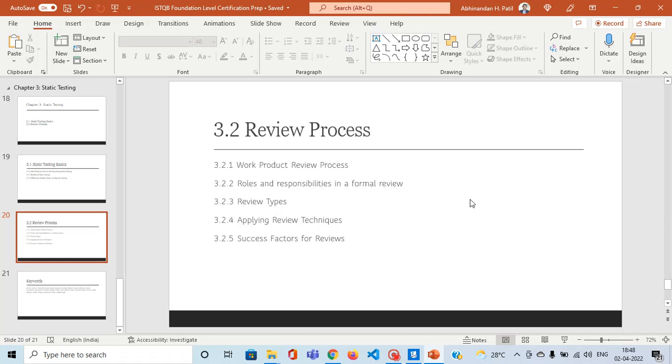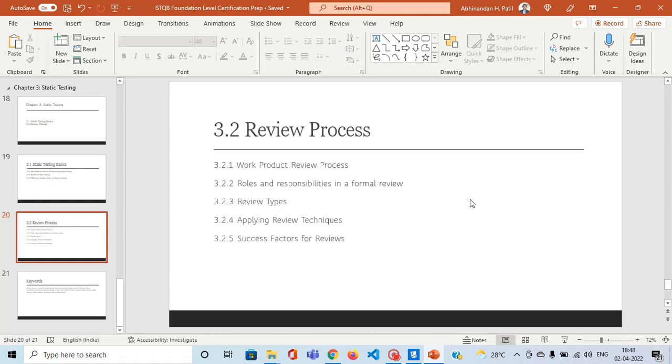Next is the success factors of review. What makes the review successful? Objectives should be clear, and the appropriate review type is followed. We discussed review types, right?